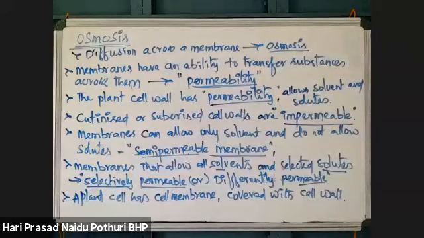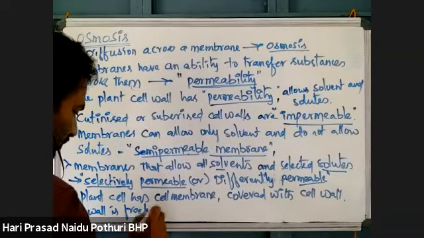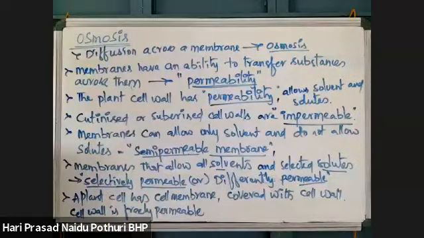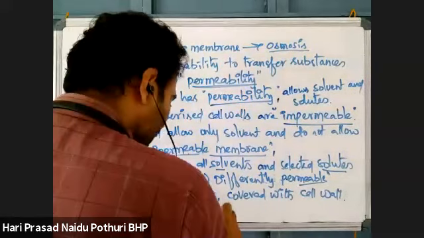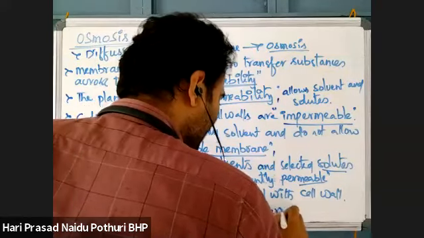Okay. See here, the cells are surrounded by a cell membrane and cell wall. The cell wall is freely permeable. All molecules can be carried along with the cell wall, so it is not a barrier.